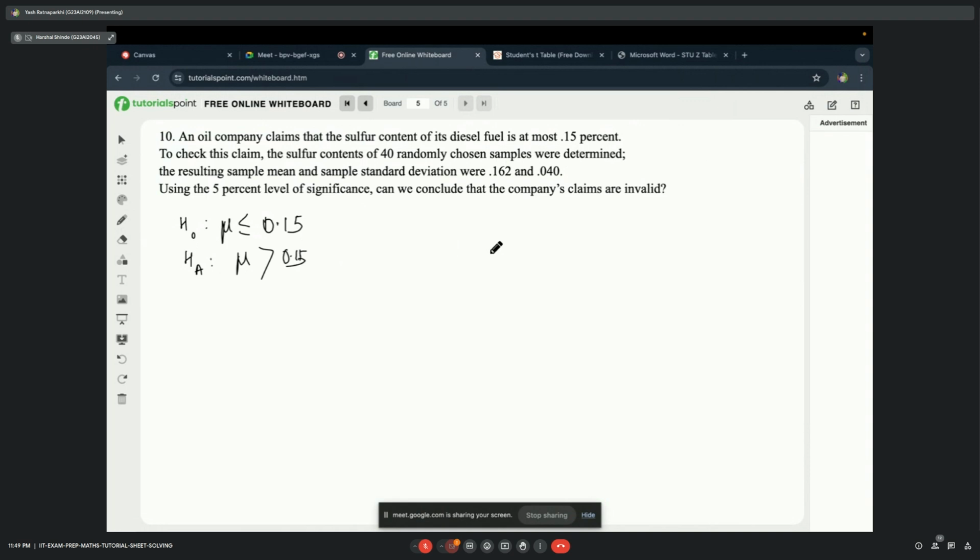Greater. Let's go further. It says to check this claim, a sample of 40 is randomly chosen, that means n is equal to 40, and the sample mean was found to be 0.162 and sample standard deviation was found to be 0.40. Quickly tell me, which case? Case 2.